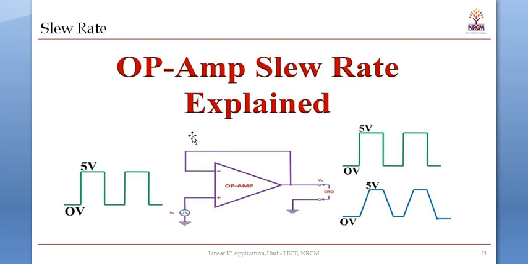Here, if you go for the derivation part, instead of a square wave, let us consider that I am applying the sinusoidal wave Vp sine omega t. If I am applying Vp sine omega t, I am expecting Vp sine omega t at the output.